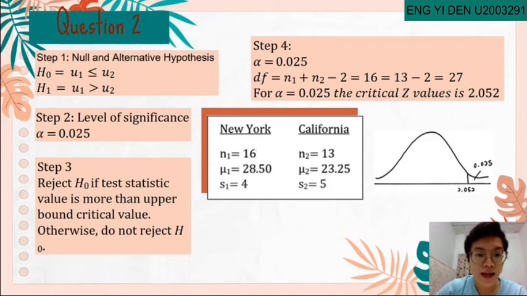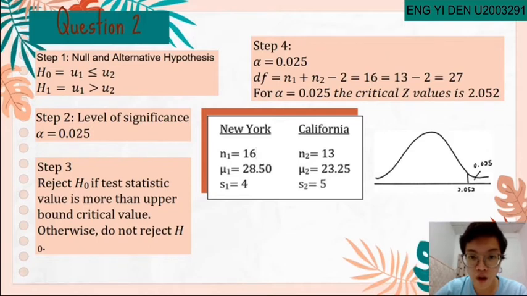Step 2, level of significance is 0.025, and because the sample size is less than 30, we use the pooled t test. Step 3, we reject the null hypothesis H0 if the test statistic value is more than the upper bound critical value, otherwise do not reject H0.